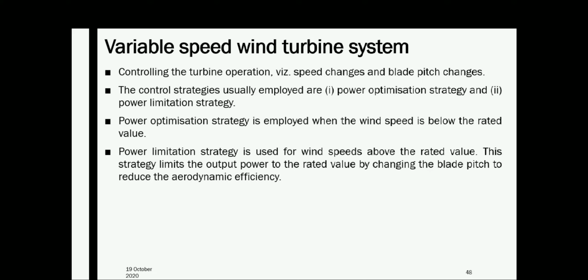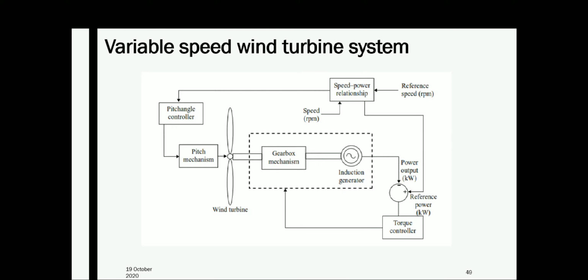Let's see what variable speed wind turbine systems are. A typical variable speed pitch regulated wind turbine system you can see from this diagram. It has two methods of controlling the turbine operation: via speed changes and blade pitch changes. The control strategies usually employed are the power optimization strategy and the power limitation strategy.